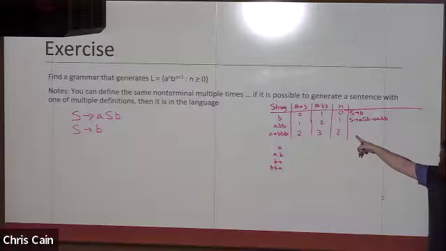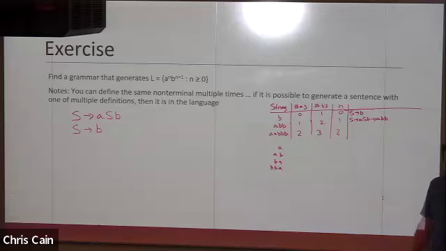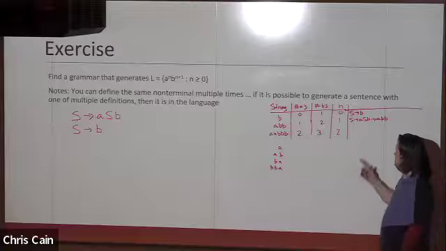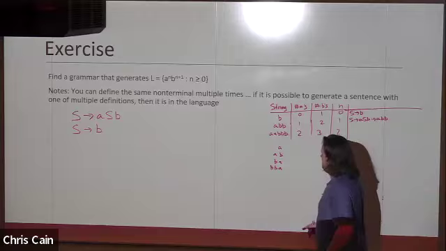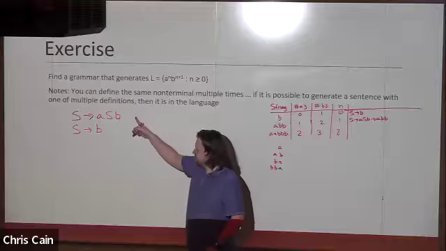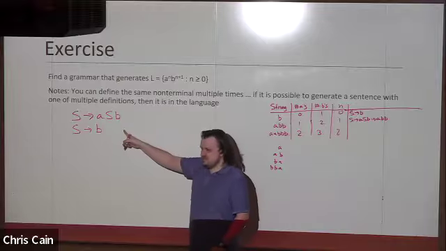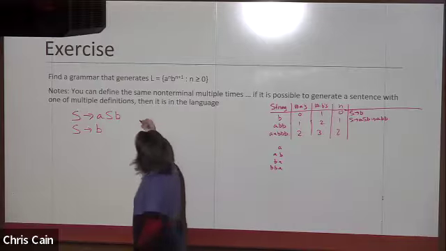How do we produce the third one? There's one more repetition. So we're going to repeat this n times and then do this once.